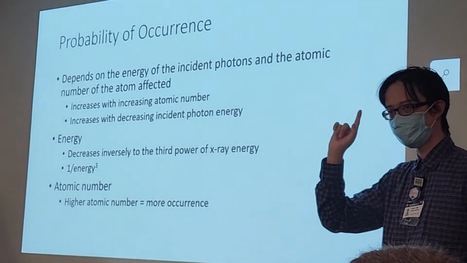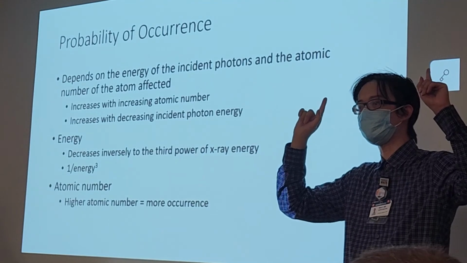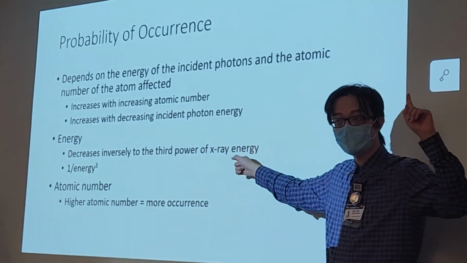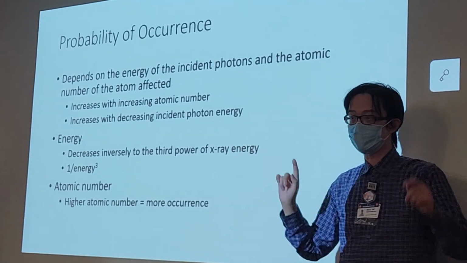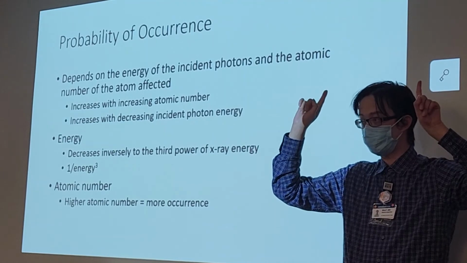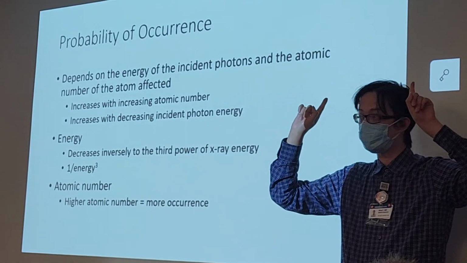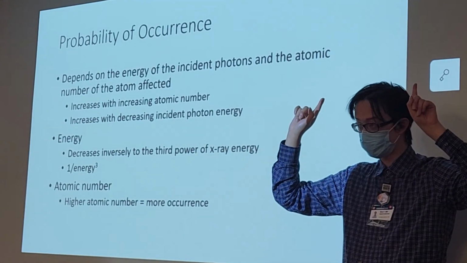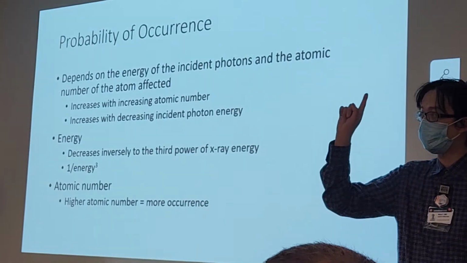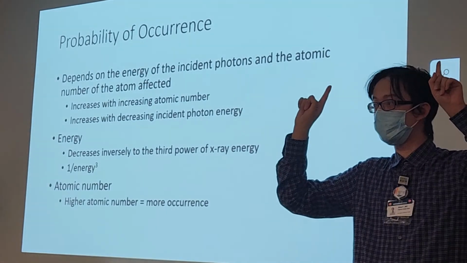So as kVp goes up, scatter goes up, but it's not absorbed. That's right. It's the opposite of absorption: as energy goes up, absorption goes down, but scatter goes up. Make sure you know that they're different. How about for atomic number? As atomic number goes up, absorption goes up.